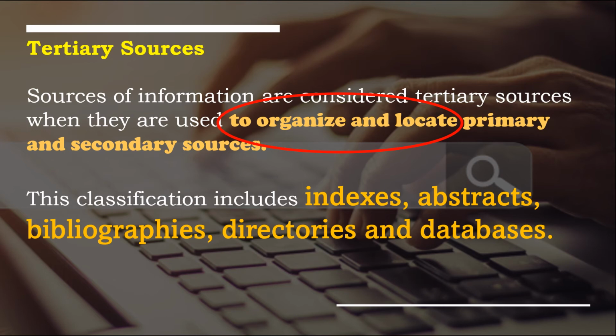So if you are familiar class with the card catalog found in the library, ang tawag doon ay tertiary source. Kasi ginagamit natin siya to look for a certain book. Okay? So hinahanap natin kung saan nandoon ang libro, hinahanap natin kung saan nandoon ang, let's say, diary or poetry. Okay? At iba pang material, kaya ang tawag sa kanya ay tertiary sources.